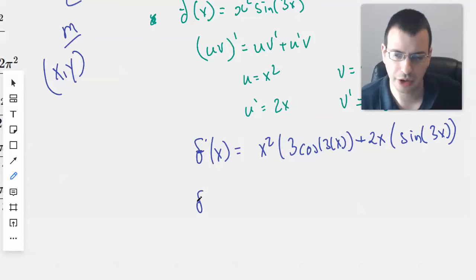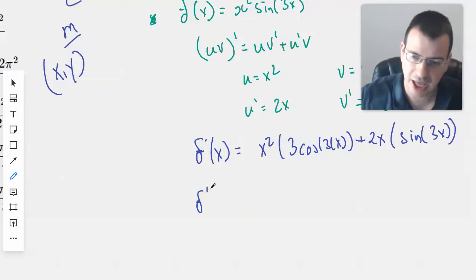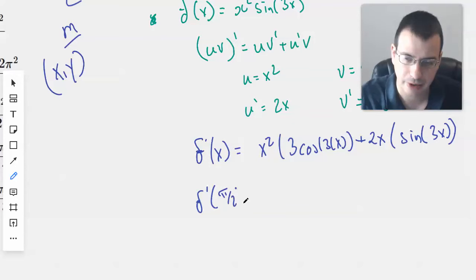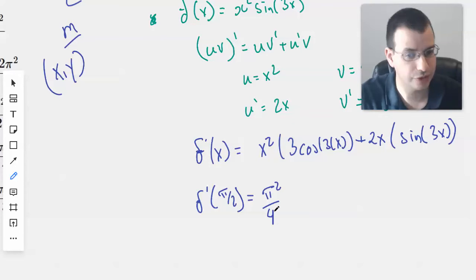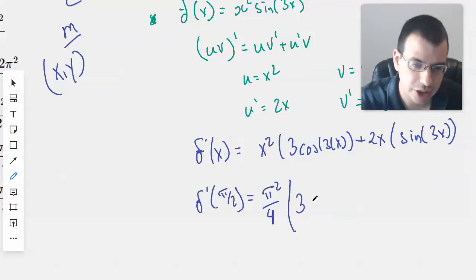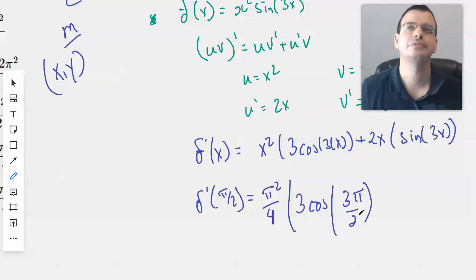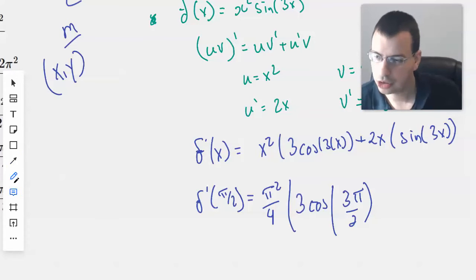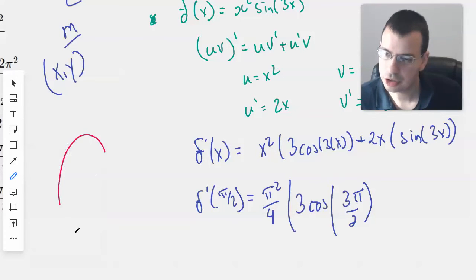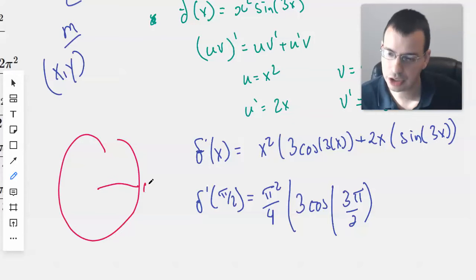We can do this. Confidence. f prime of pi over 2 equals pi squared over 4, because 2 squared is 4, times 3 cosine of 3 pi over 2. All right. Circle time. Here is 0, here is pi, here is 2 pi.